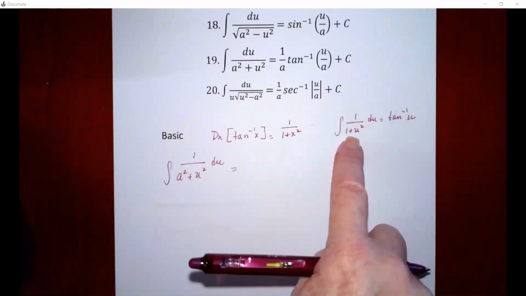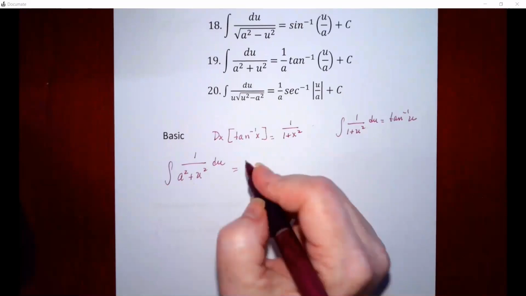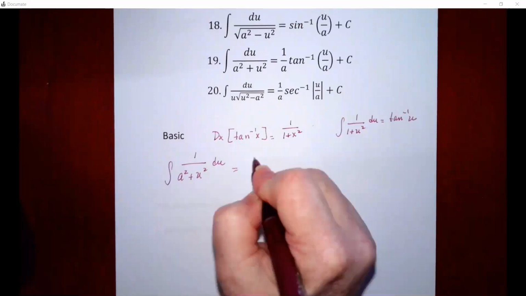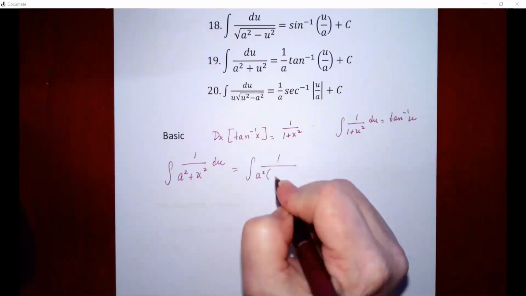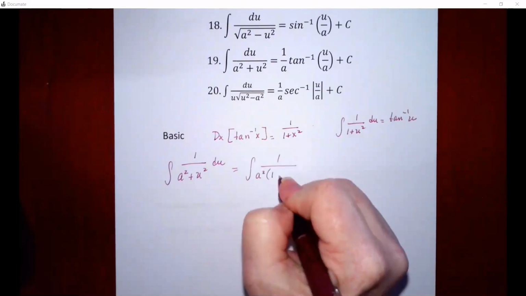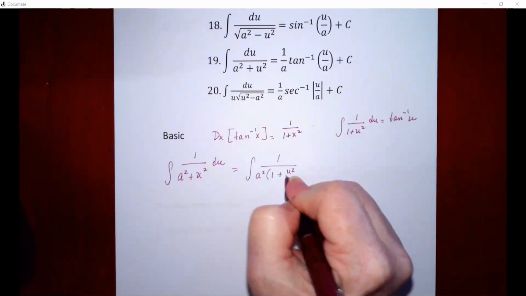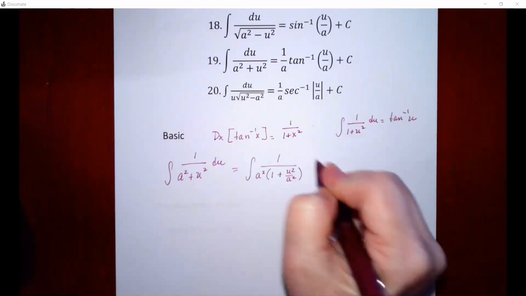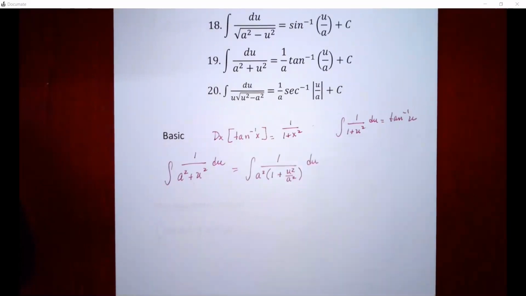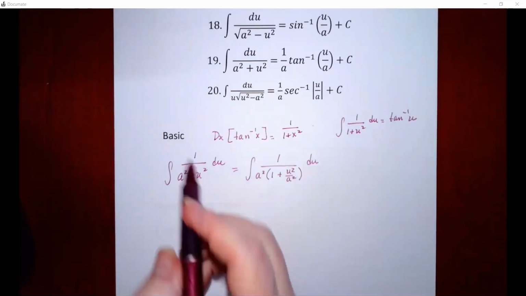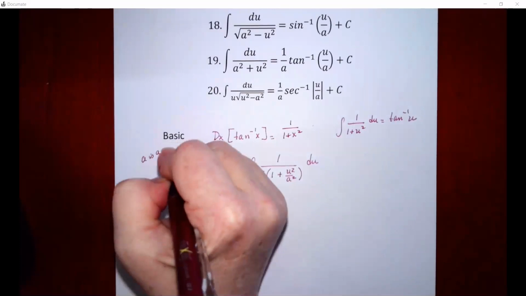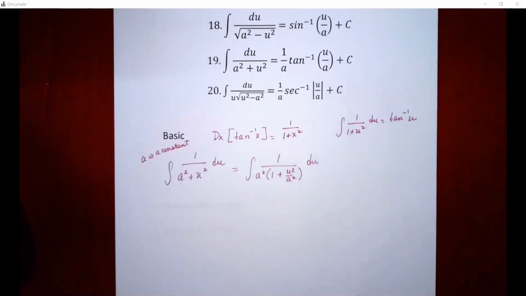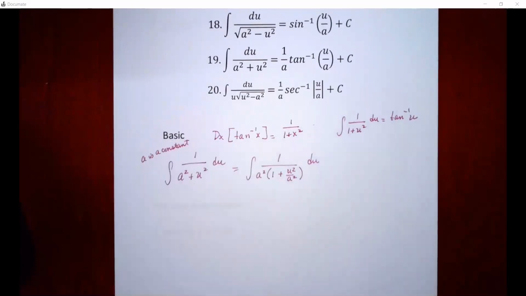Okay, so what I'm going to do is factor the a squared out front. So this would be 1 plus u squared over a squared du. Now, this is assuming that a is a constant. So I'm just rewriting it algebraically.